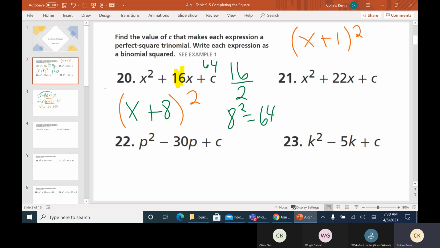All right, so the next one, it says, well, what number do I put into this to make this a perfect square? So we do the same thing again. We're going to take 22, divide it by 2, that gives us 11. And 11 squared is 121. Use your calculator if you're not sure.